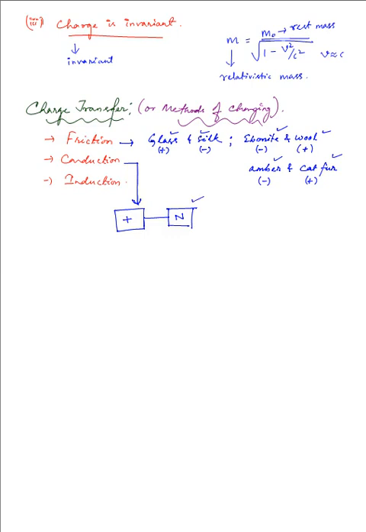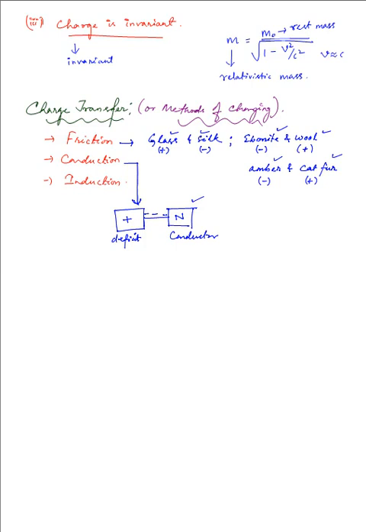Because this is neutral and this is a conducting material, it has free electrons which can flow easily, and because there is a deficit of electrons, it will try to move those electrons here to make it neutral, or at least to achieve equilibrium.